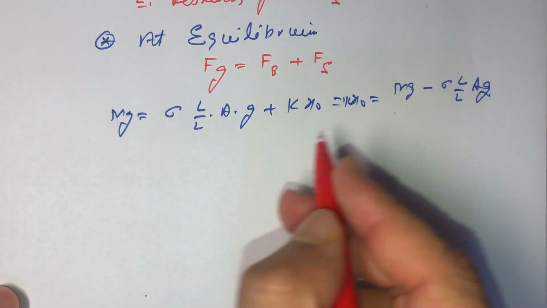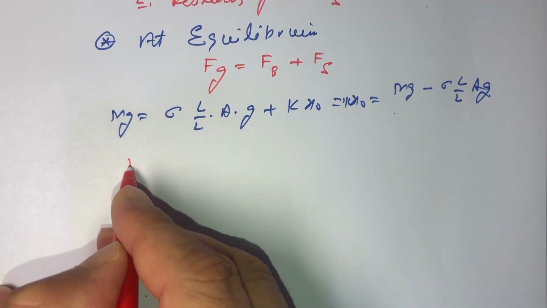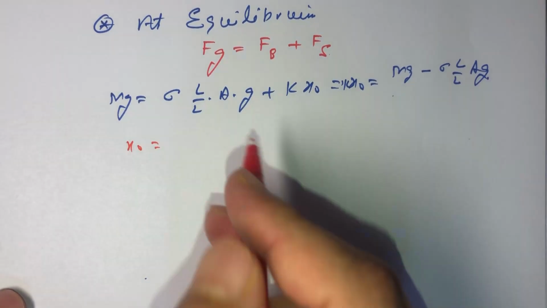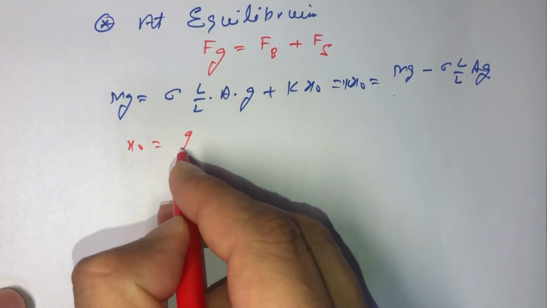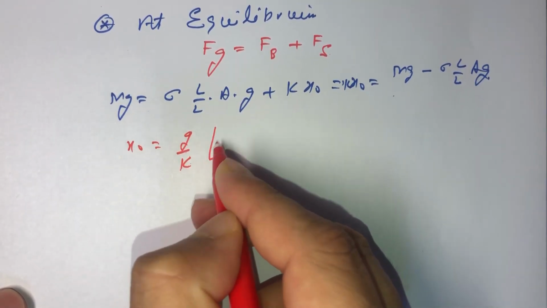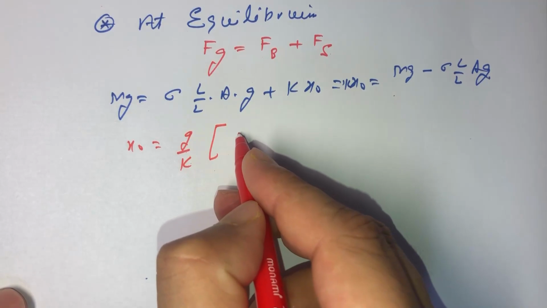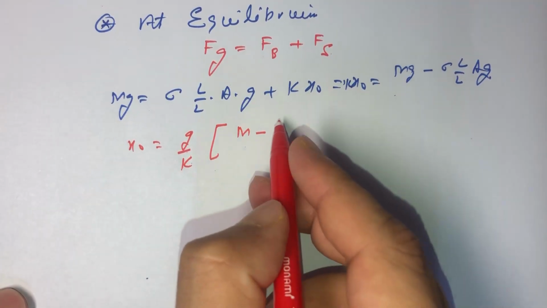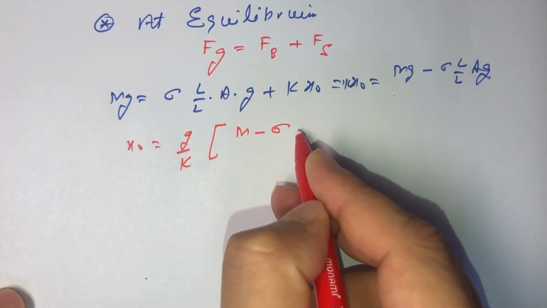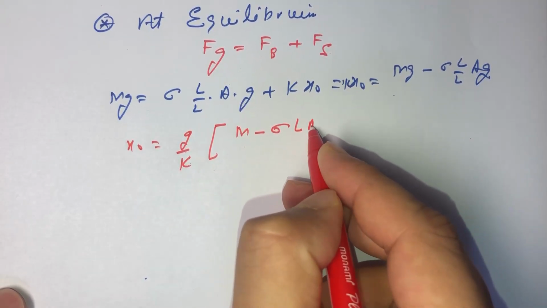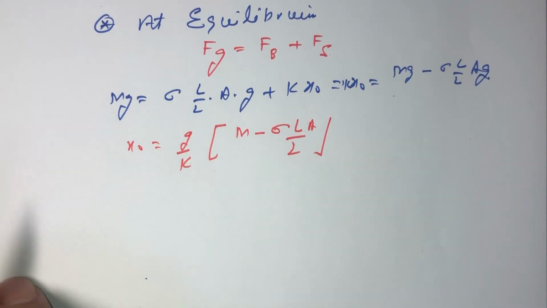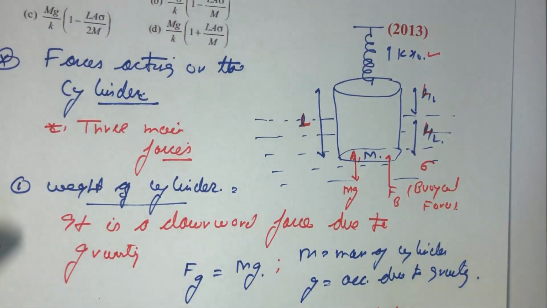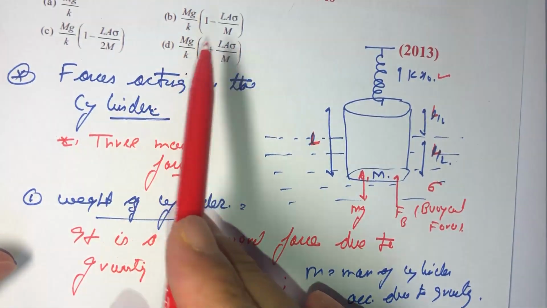So we can write that our x0 is equal to, g can be taken as common, so this will be g by k, and we have here m minus, and this will be sigma La divided by 2. And if we see the options that are available to us, the m is also taken as common.